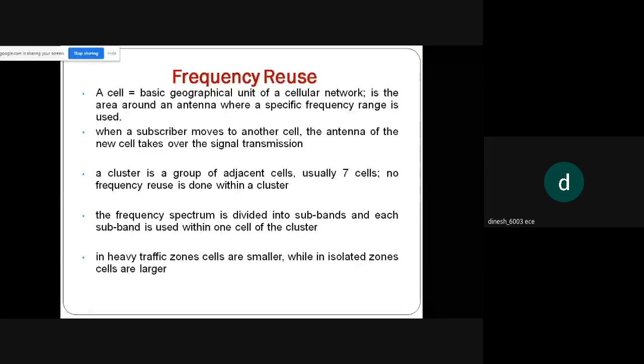A cell, which is basically a geographical unit of a cellular network, is the area around an antenna where a specific frequency range is used. When a subscriber moves from one cell to another, the antenna of the new cell takes over the signal transmission.